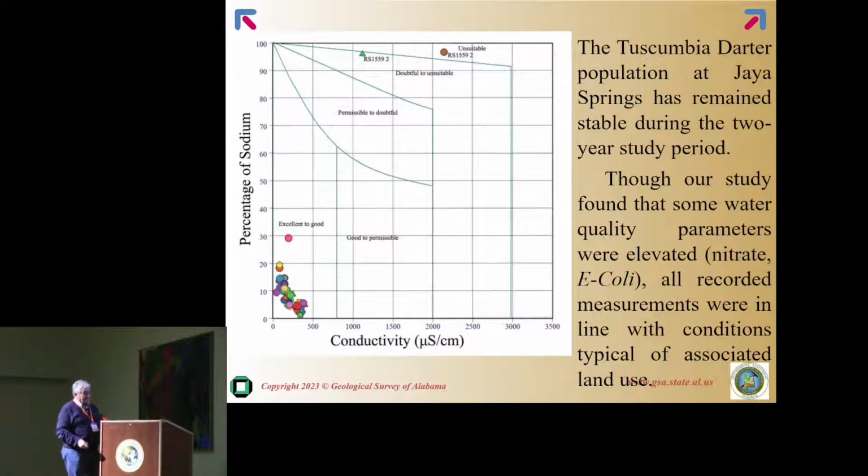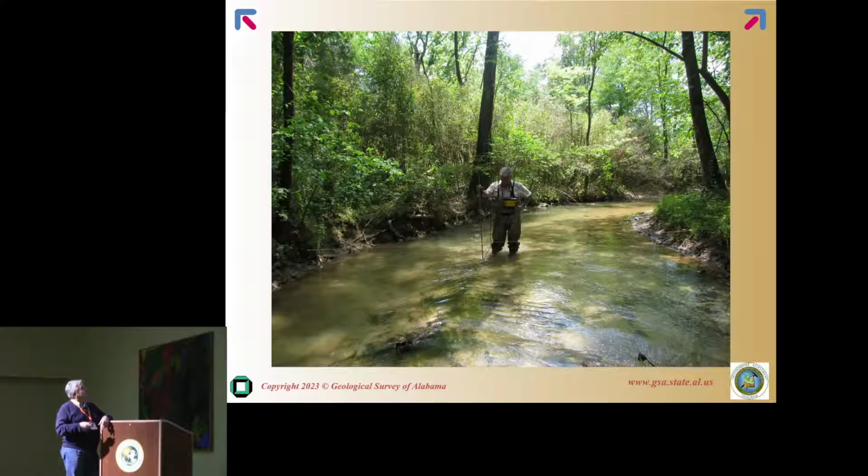This way, the Tuscumbia darter population at Yaya Spring has remained stable during the 2-year study period. Through our study, we found that some water quality parameters like E. coli and nitrate had elevated values, but typical with this condition.